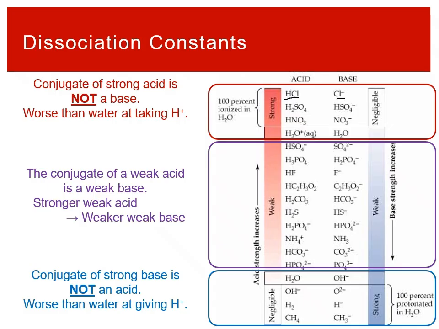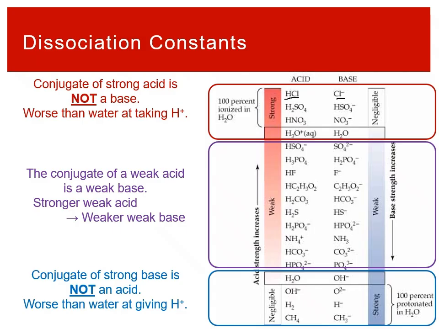That means functionally, when it gets dissolved into water, it cannot produce any hydroxide. It cannot change the pH, right? It can't do anything. At the same time, a strong base, its conjugate is not an acid. So if you have something that's very strong, its conjugate is incapable of doing acid-base chemistry.